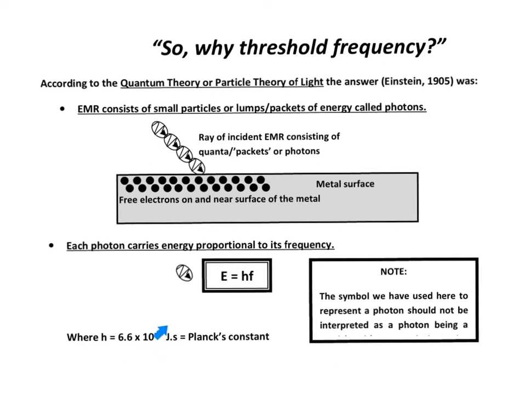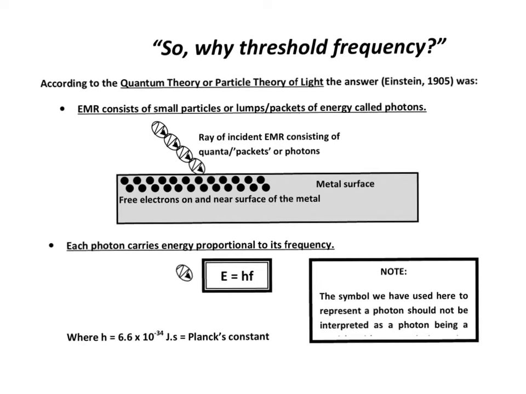And this is the smallest physical constant that we will work with. And it basically helps to link the particle nature and the wave nature of light in a truly profound way.